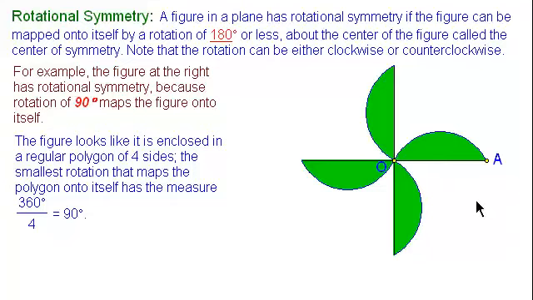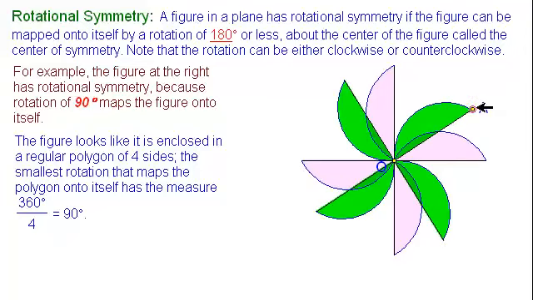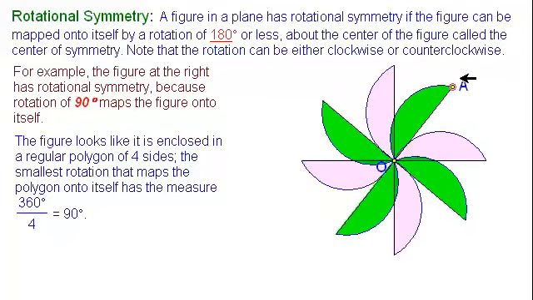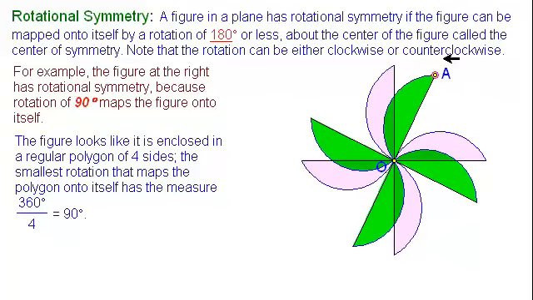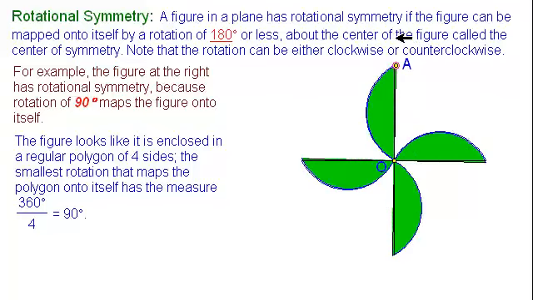When a figure maps onto itself by rotation, for example, if I rotate this figure, right now it is overlapping.